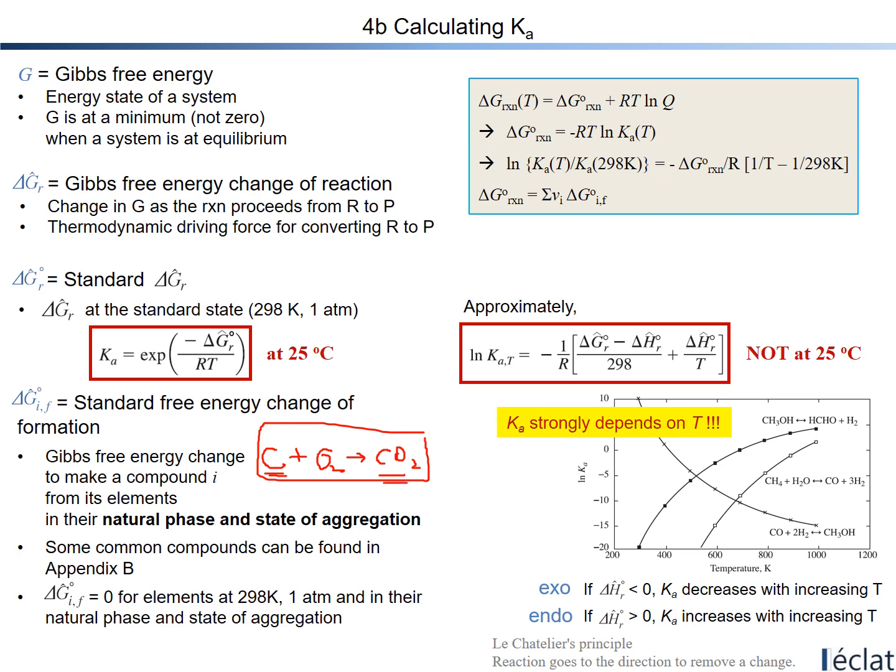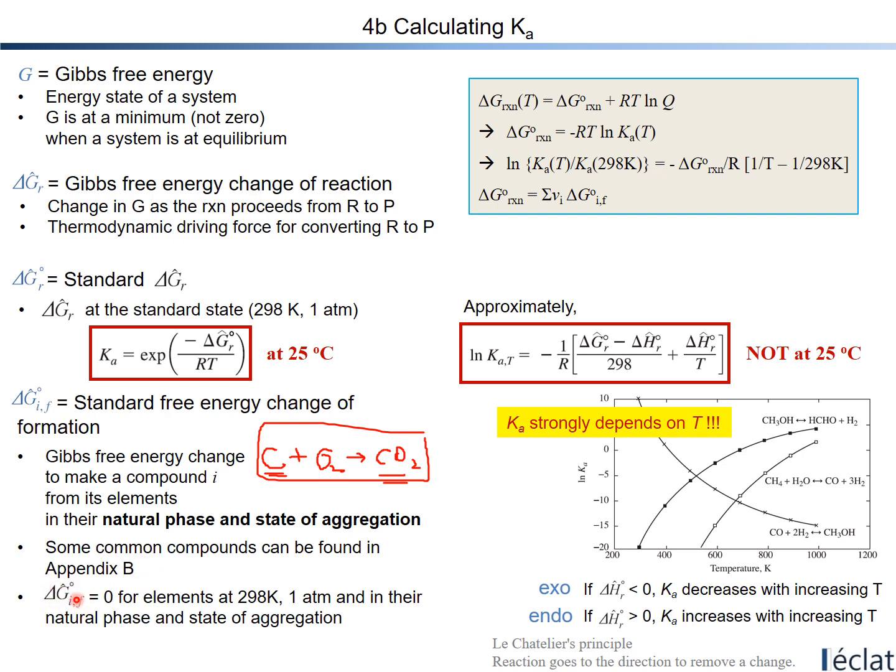So in Appendix B you could find a lot of values of the standard free energy change of formation or standard enthalpy of formation at the standard state.